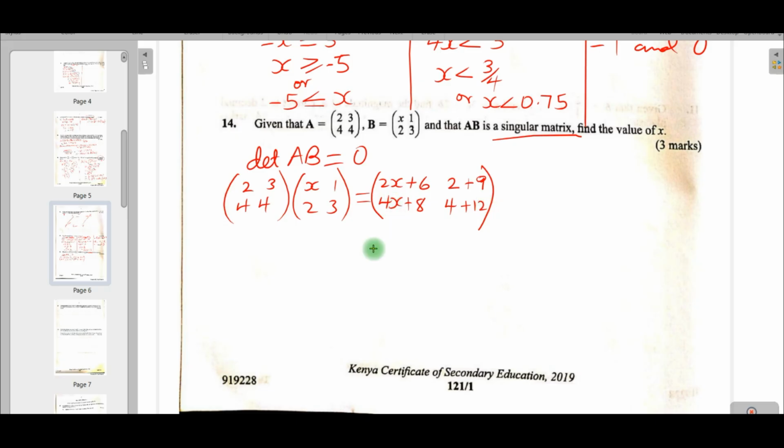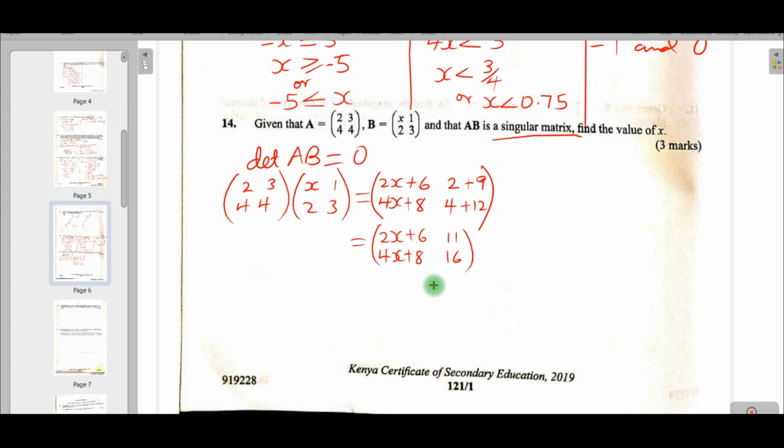And therefore, let us simplify it. This will be 2x plus 6, 2 plus 9, that is 11, then 4x plus 8, then 4 plus 12, that is 16. And this is the matrix AB.